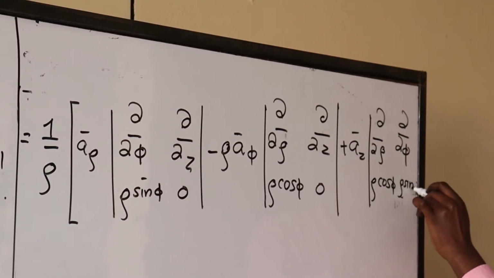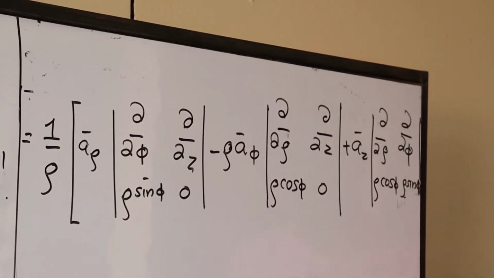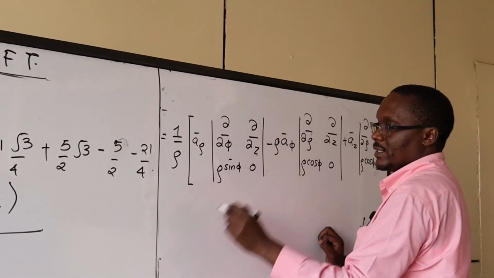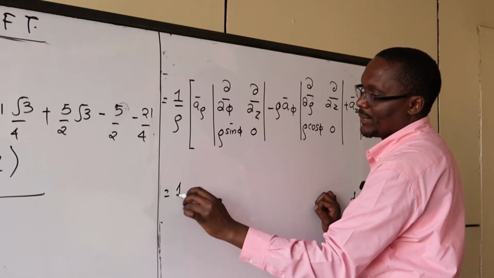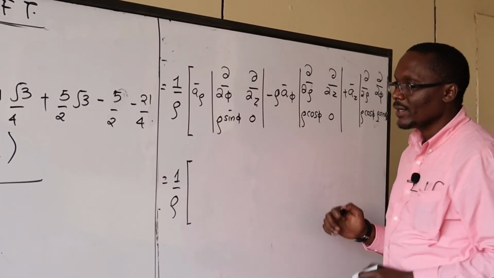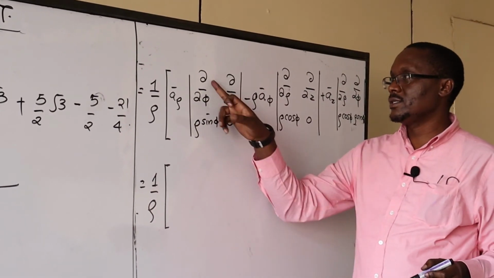Rho sine phi. Then that, and we can close our bracket. Now from there, we can do our determinant. It's a bit mathematical. If you look at this keenly, this is 0.